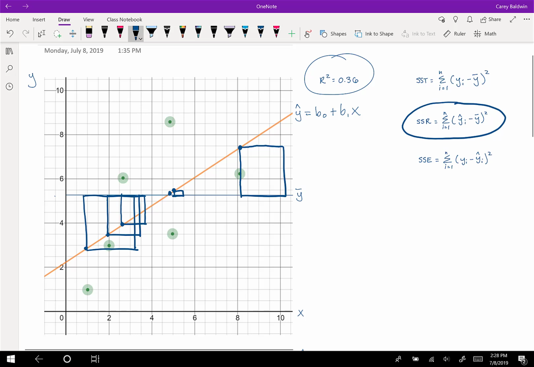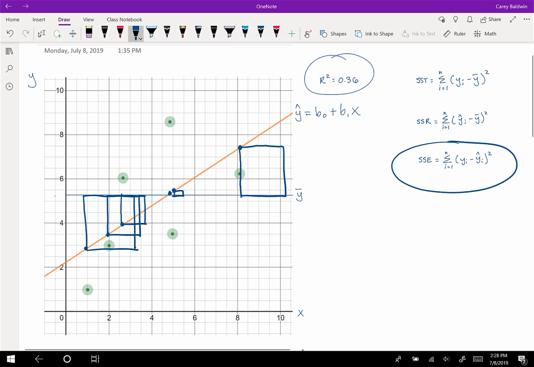So that's the sum of squared residual, or sum of squared regression. I think I've been saying it wrong. Regression sum of squares. Sorry about that. Regression sum of squares is what they say in this book. Now, notice that the regression sum of squares is obviously a smaller number than the total sum of squares, and that's because there's this additional variation called sum of squared error, and that's the difference between each observed y value and each predicted y value.